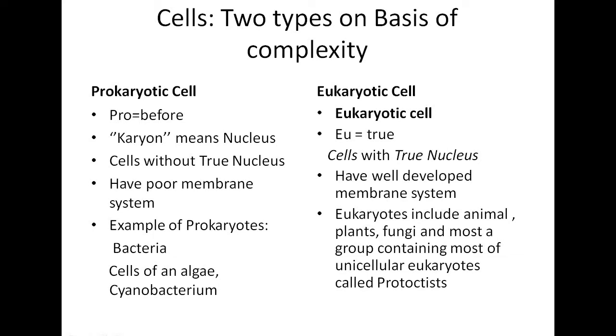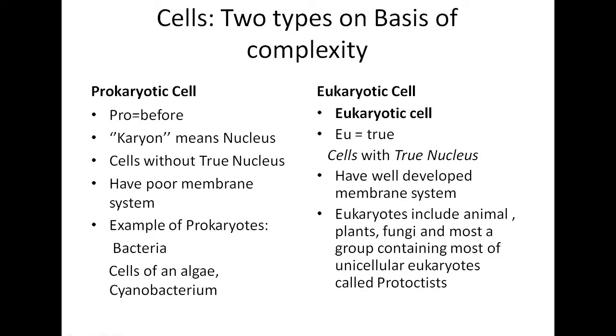Now, what we mean by true nucleus is that their genetic material is bounded by a membrane, also referred to as the nuclear membrane or nuclear envelope, because it is made of two membranes. Prokaryotic cells have a poor membrane system. On the other hand, eukaryotic cells have well-developed membrane systems.